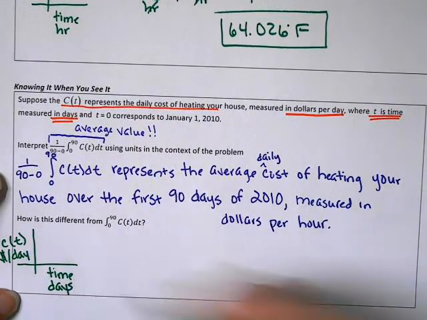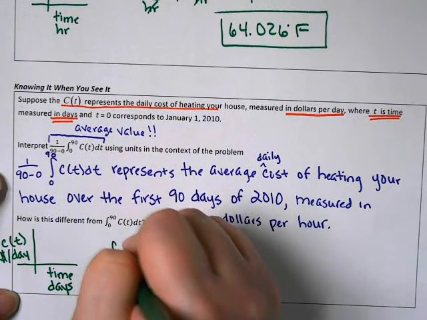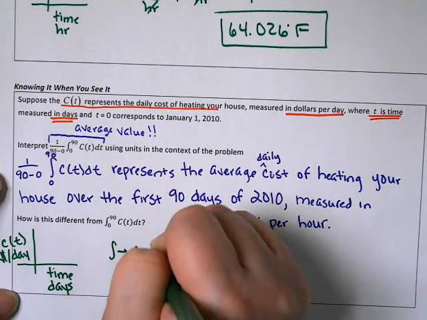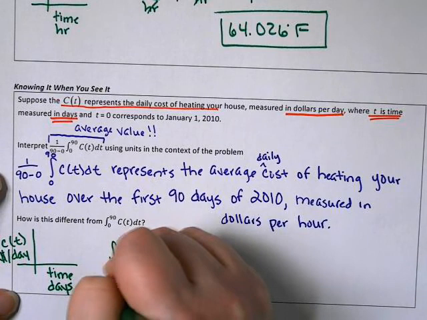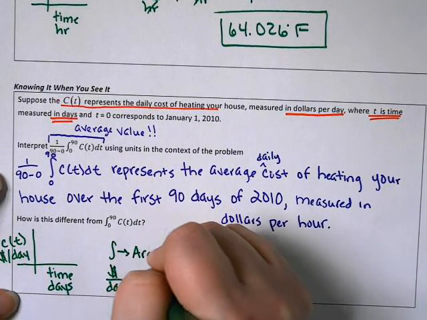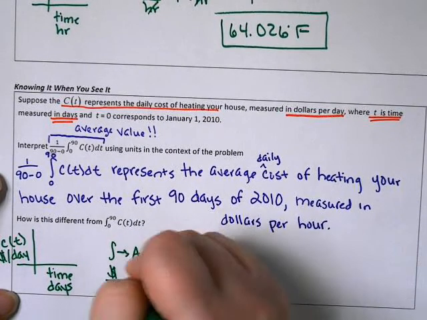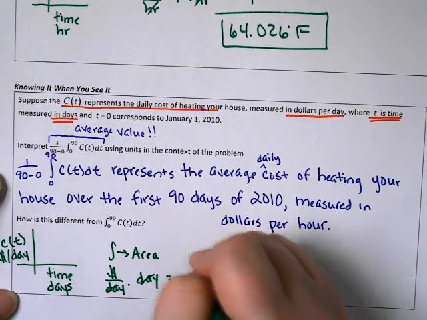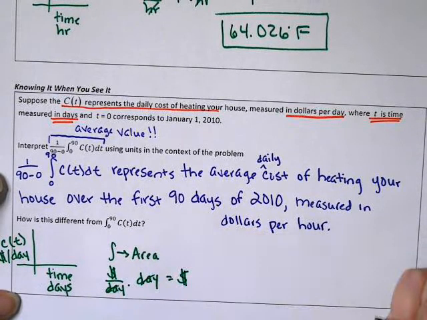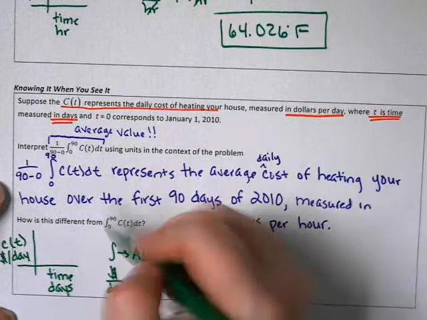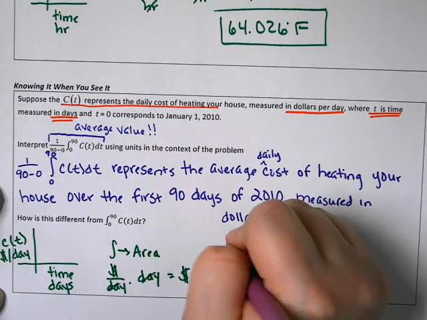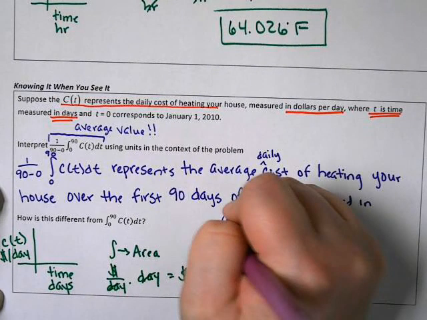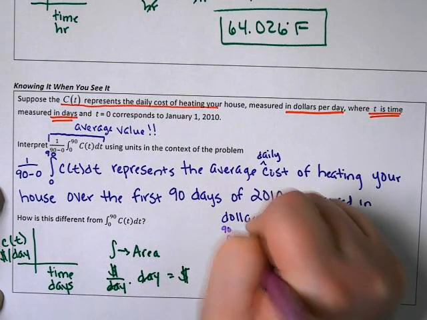So when we find the integral, we're finding the area, which means we're doing dollars per day times days, and they cancel to give us dollars.